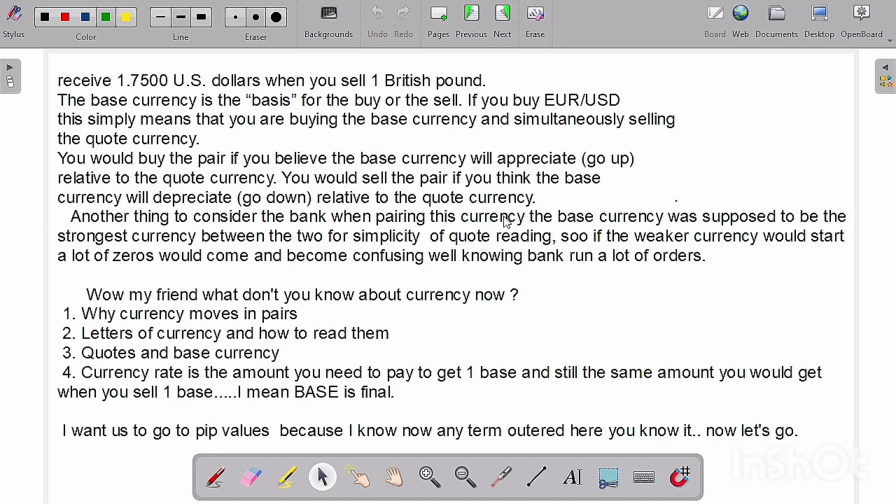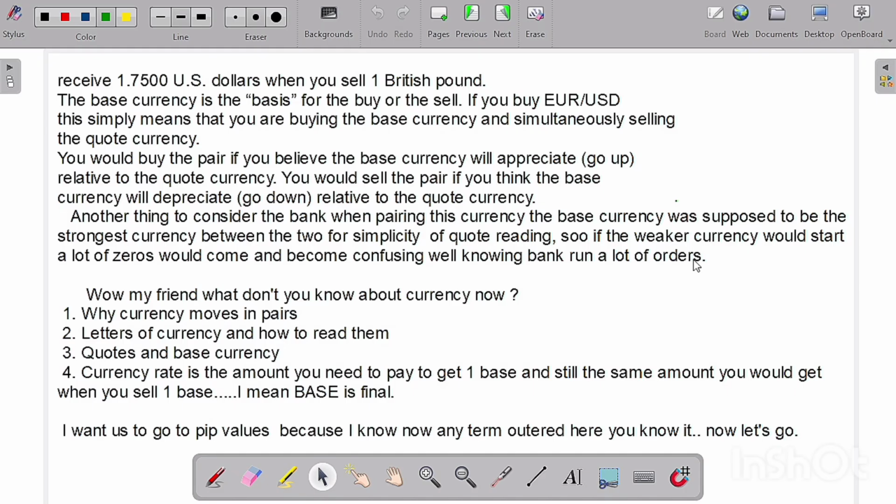Yeah, so let's go on. If the weaker currency started, a lot of zeros would come and become confusing. Banks run a lot of orders, and they need a simple way of executing these positions. Like we said, they move in lots, so they don't need to put all those numbers of the amount they would like to buy in the market.